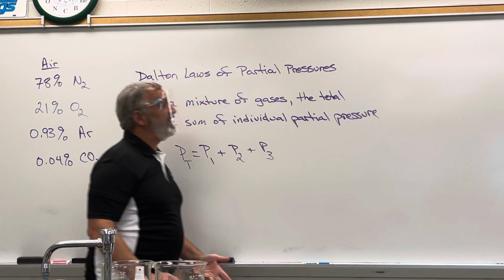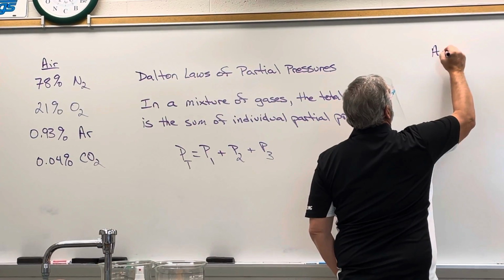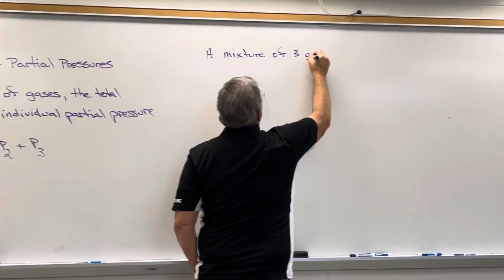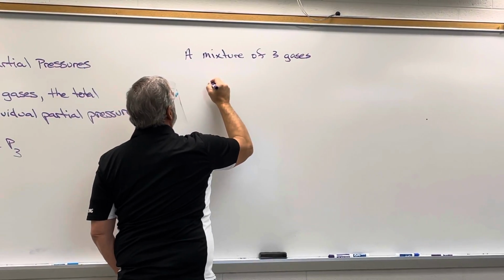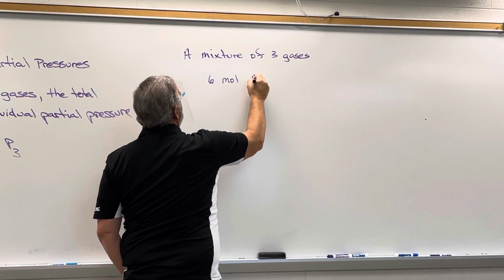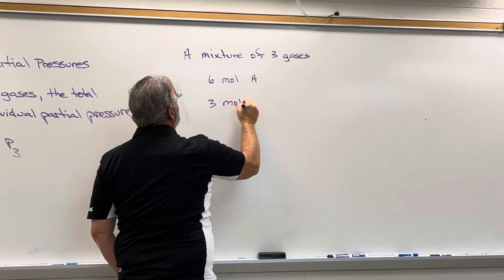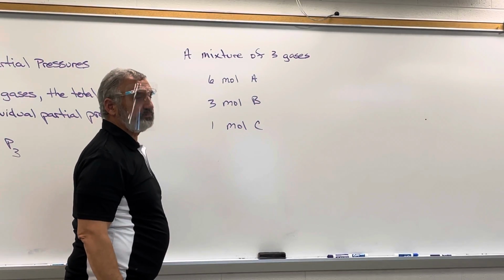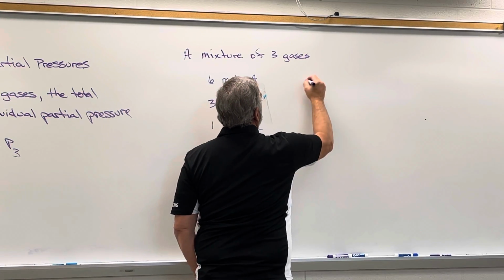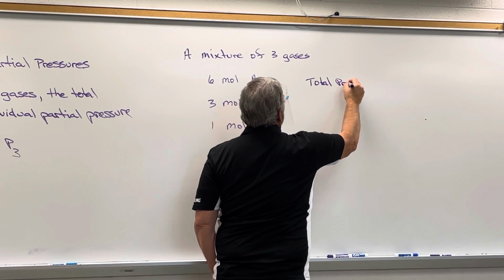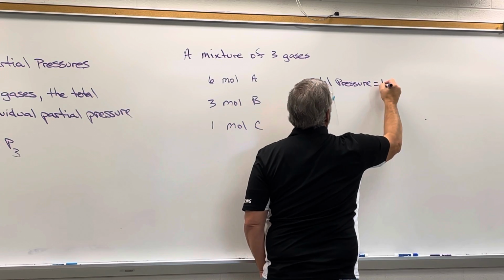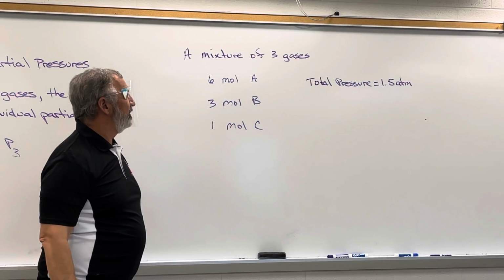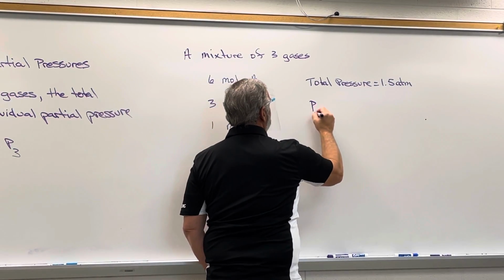So, if I have a mixture of 3 gases, and I have 6 moles of A, I have 3 moles of B, and I have 1 mole of C, and the total pressure is equal to 1.5 atmospheres, what's the pressure of A going to be?